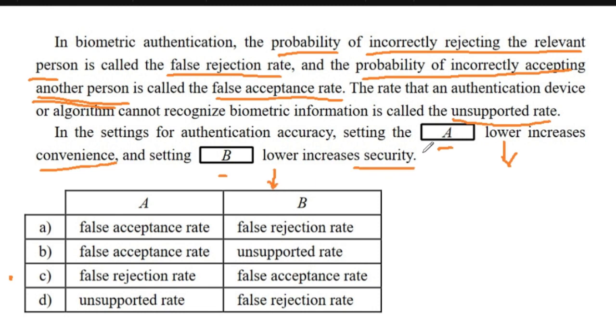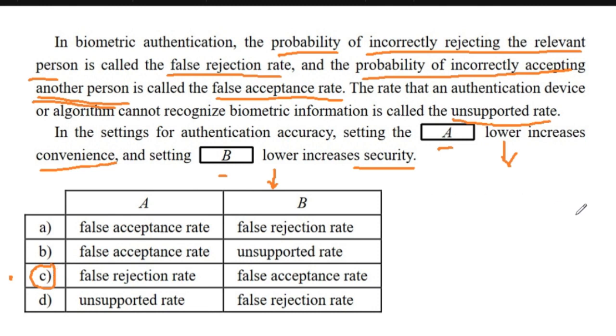So the other guy who is not really the correct guy, we don't accept him because he's not who he says he's supposed to be. That would increase our security if there will be much lower of those cases. And so in that sense, the correct answer is letter C.